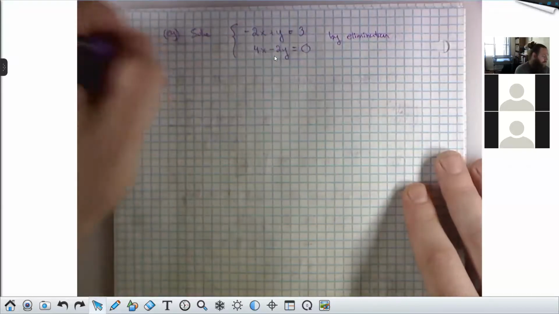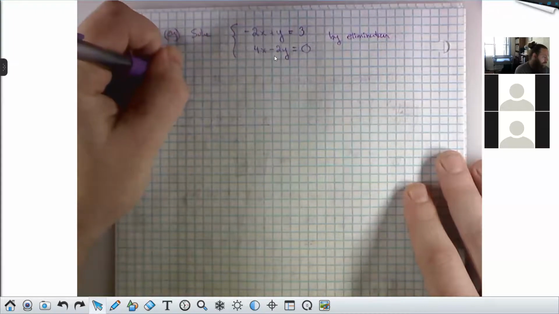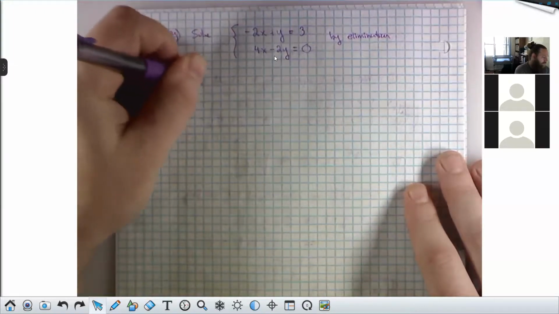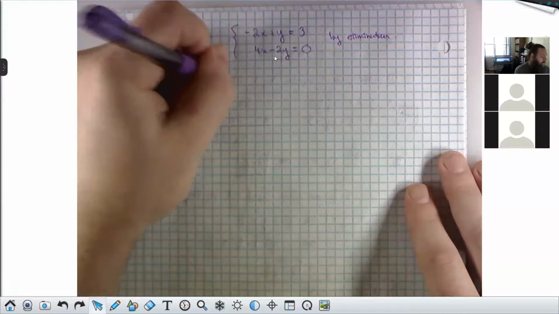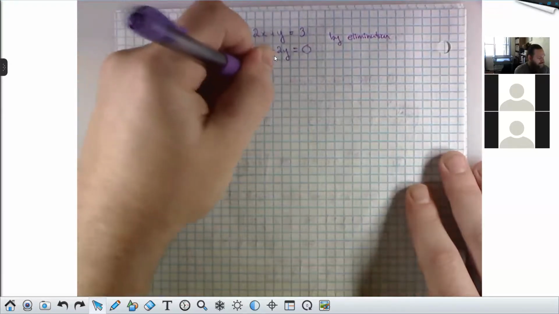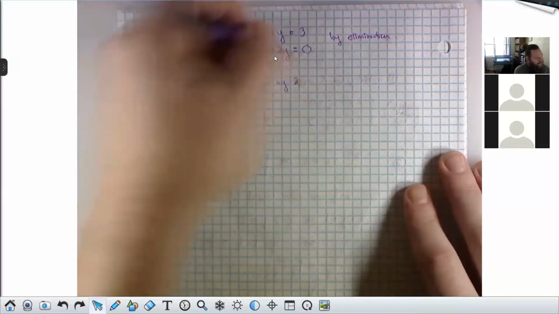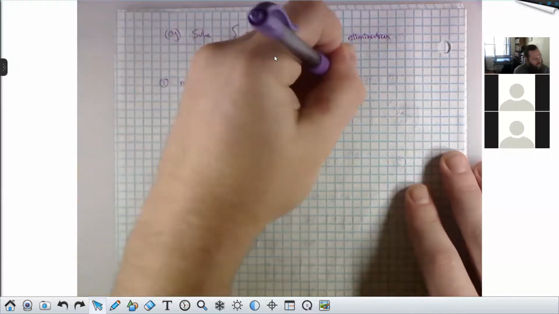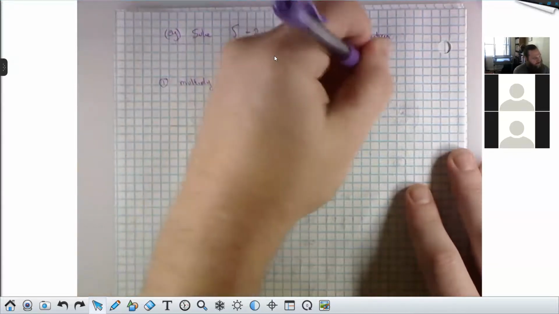So I'm going to multiply the first equation by 2 and add to the second equation.